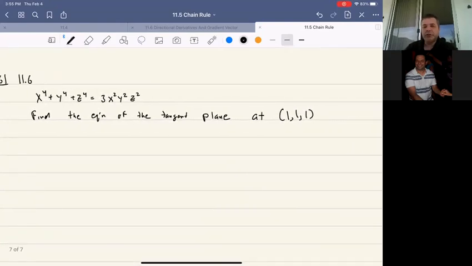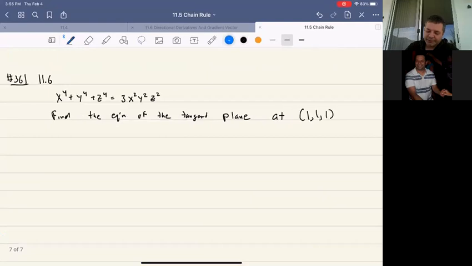So, all we have to do, we're going to write this out as f of x, y, z equals x to the fourth plus y to the fourth plus z to the fourth minus 3x squared y squared z squared equals 0.